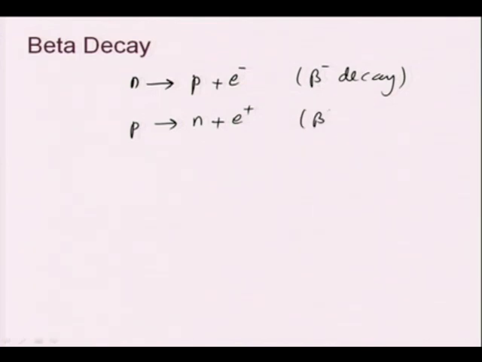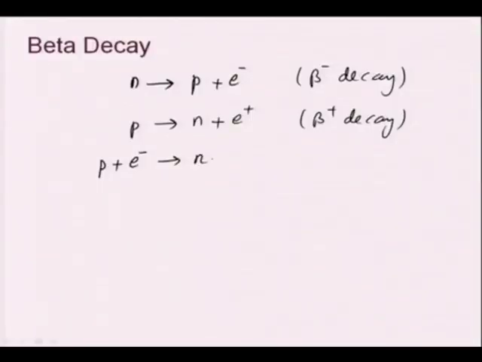So, this is beta plus decay, and in electron capture we have the proton in the nucleus and the electron in the atomic shell combining together to get a neutron. So, this is the electron capture.